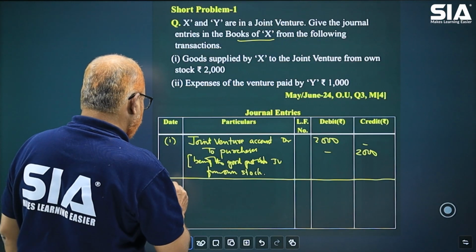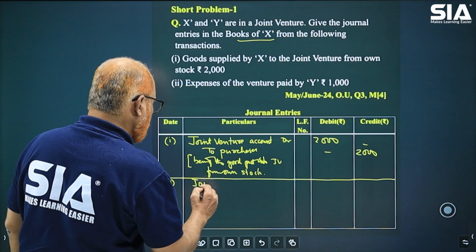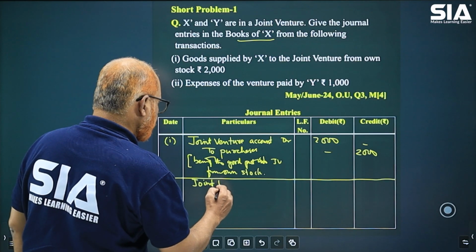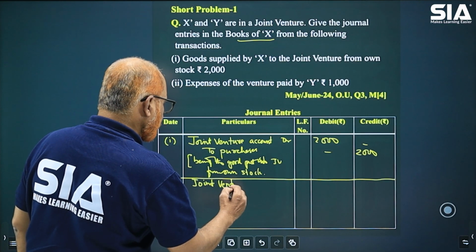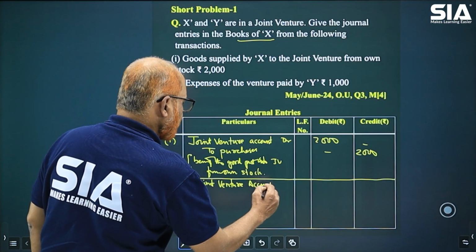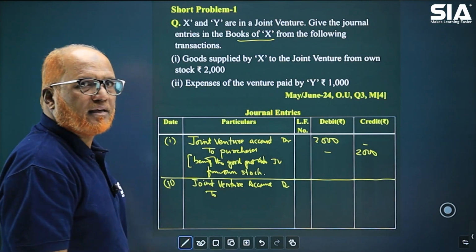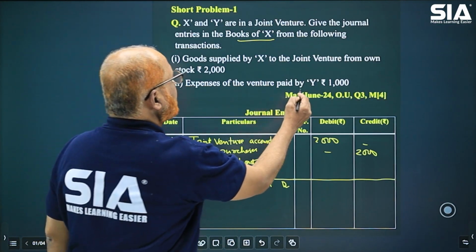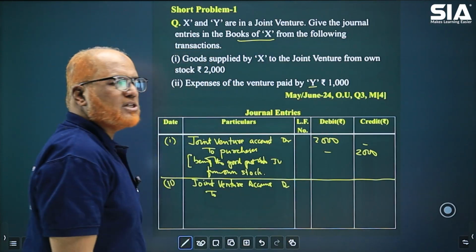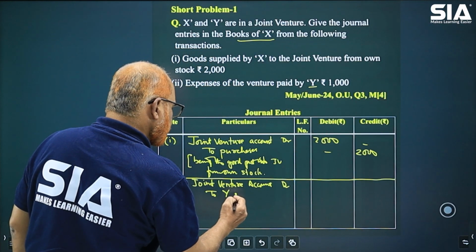So the entry will be joint venture account debtor to who is paying the expenses? Y is paying the expenses. Expenses paid by Y, so to Y's account.